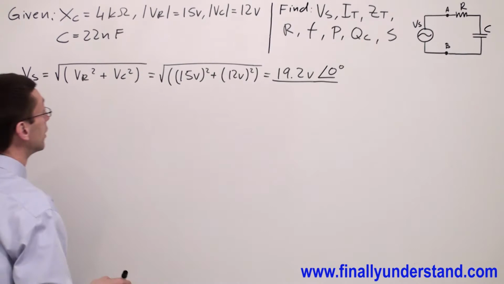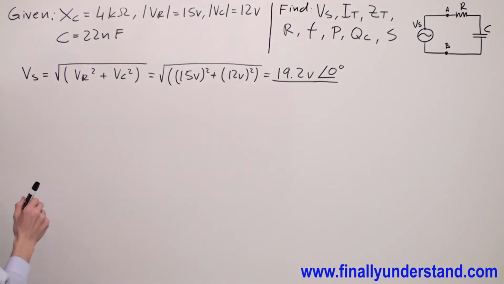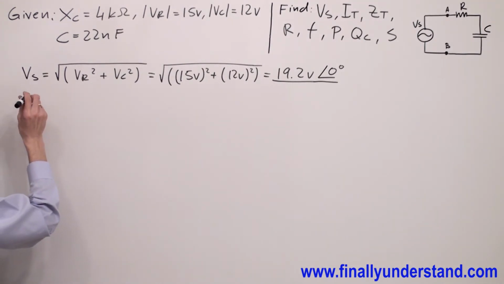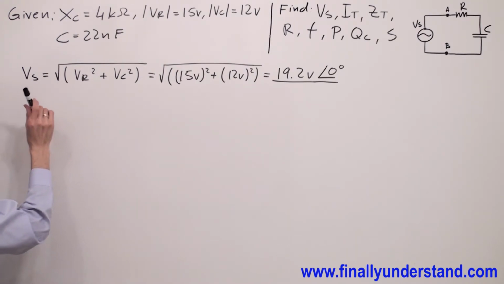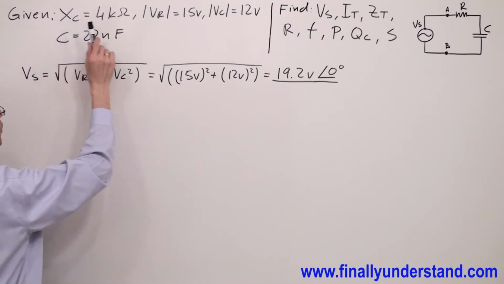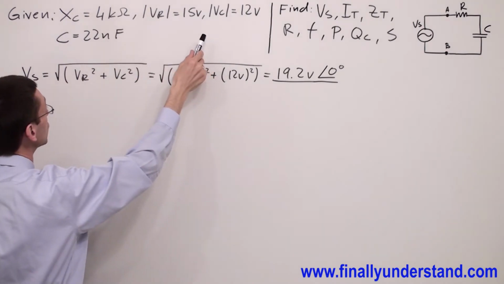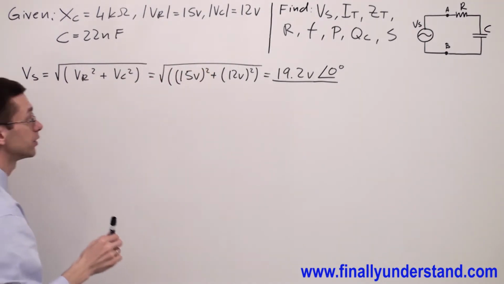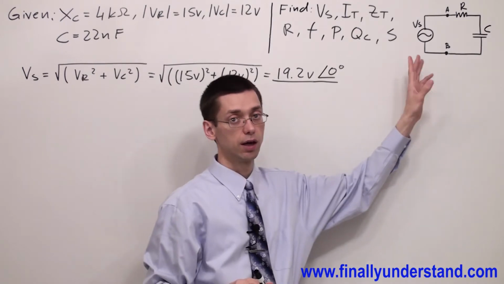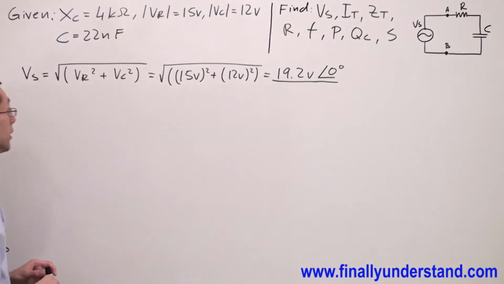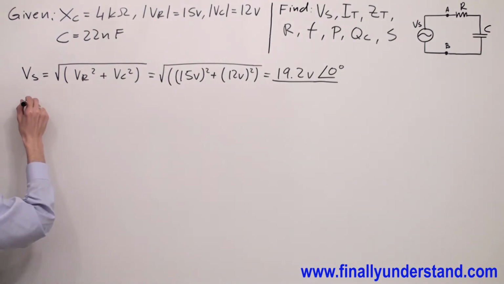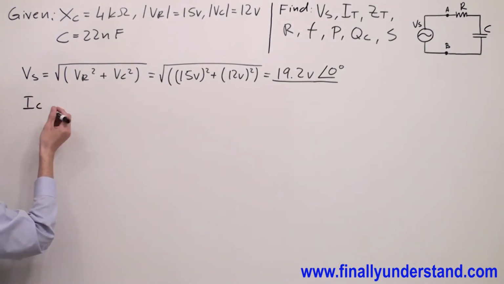Next, I'll try to find I total. Let's take a look at what we have been given. We have been given X of C and we have been given the voltage across the capacitor. So I have two pieces of information at the capacitor, so I can find the current.